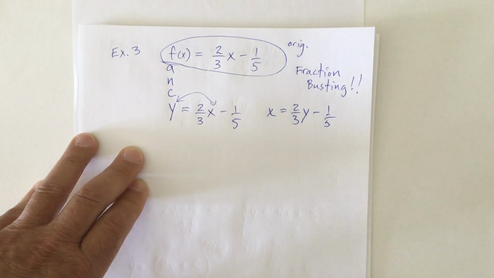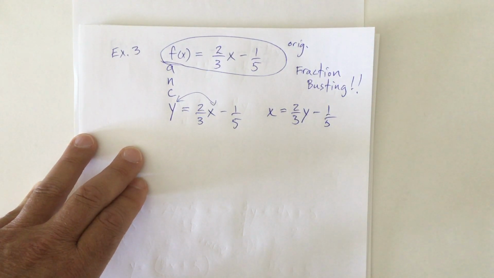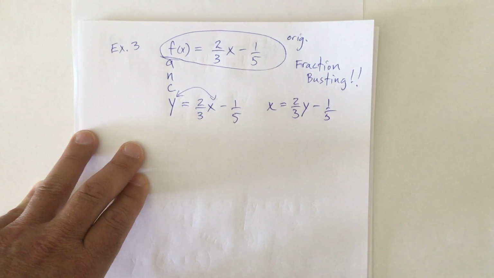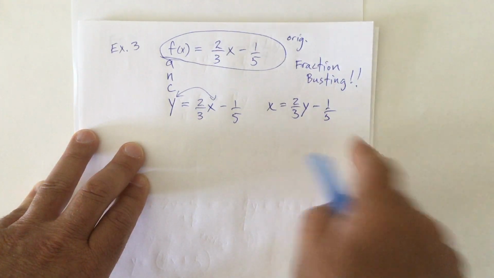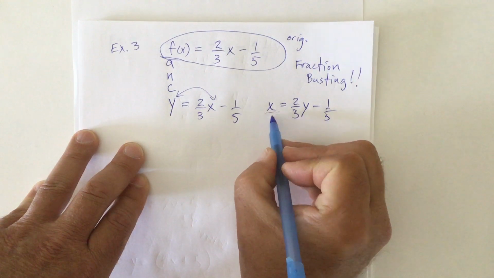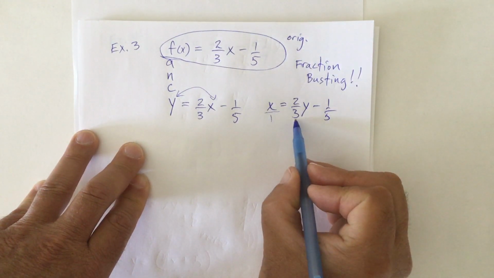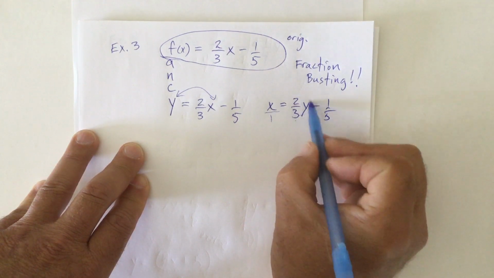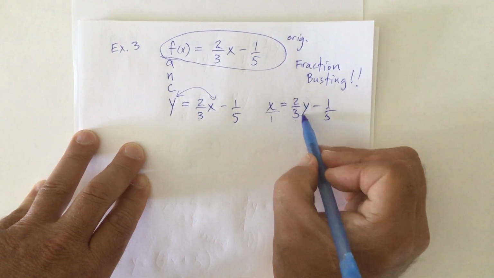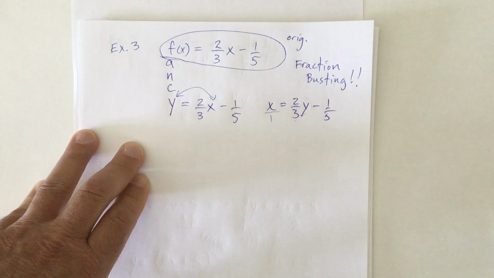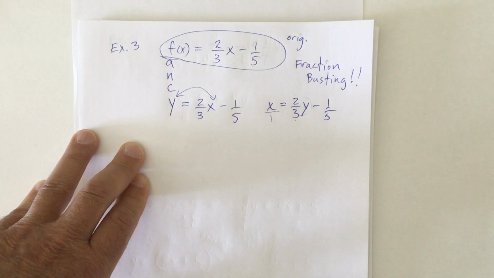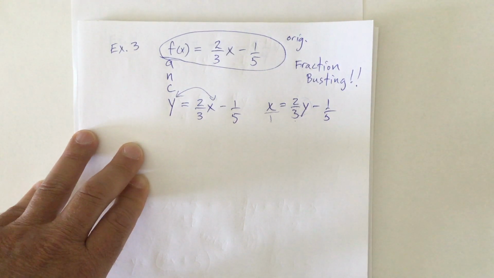No matter how complicated things get down the road, this is a good trick. So here we go. I'm going to take this and pretend that's got a denominator. I'd write it in. It's a 1. That guy's got a denominator. It's a 3. Does this y go with the top or the bottom? Ooh, we've run into this predicament. If it's not clearly written in the bottom, it goes with the top, right?